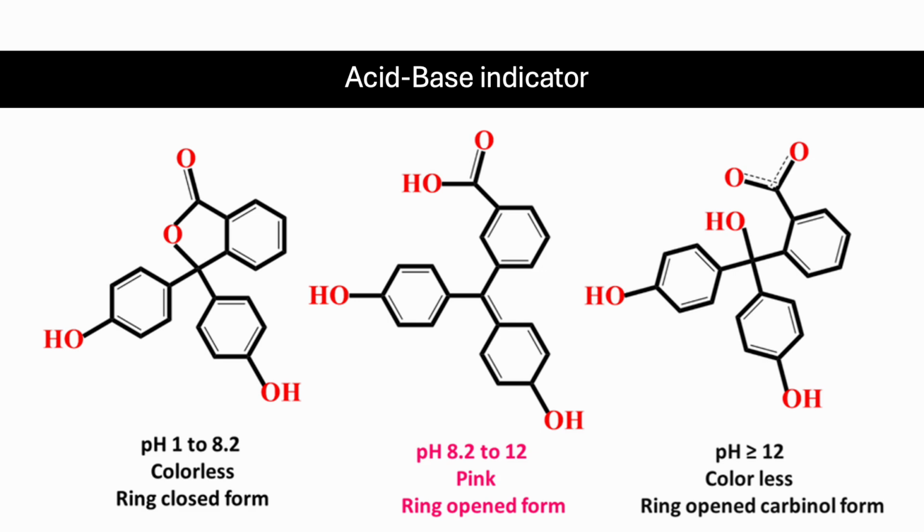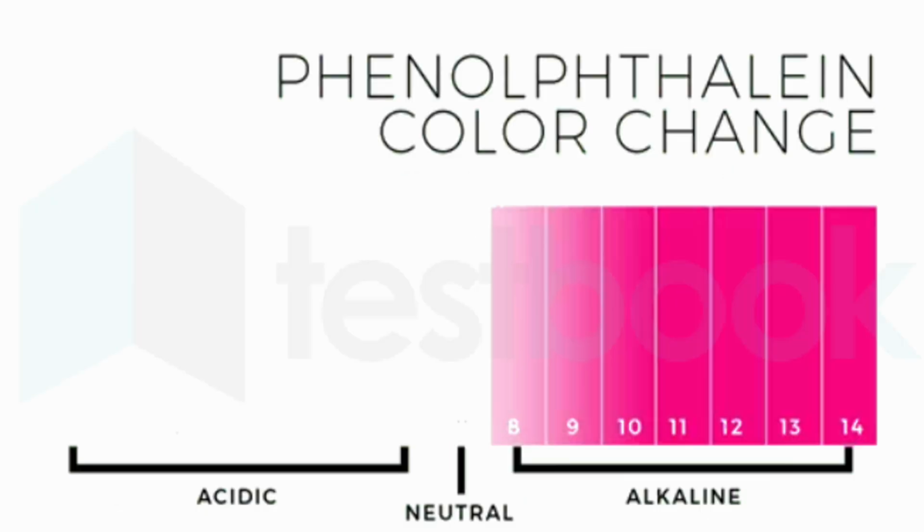There is an acidic form, which doesn't change from pH 1 to pH 8.2, and then if the structure changes because of the pH change, it turns pink. In the range of pH 8.2 to 12, the ring opens and it becomes pink.